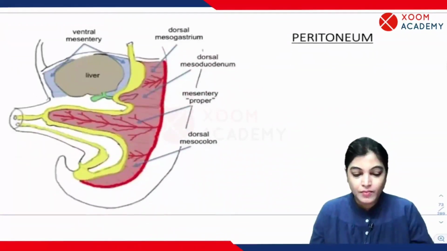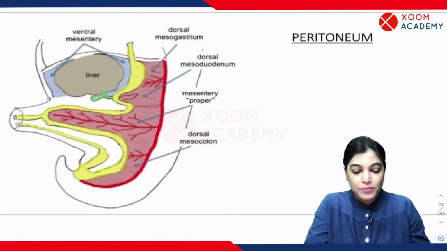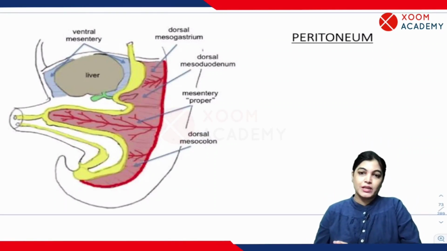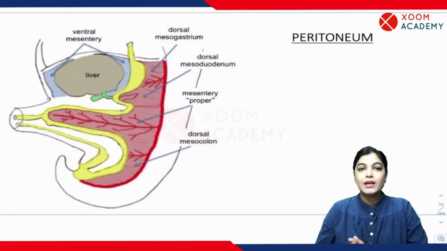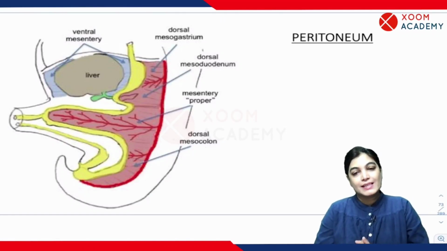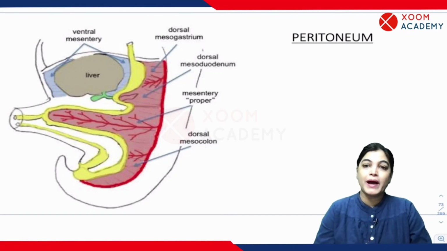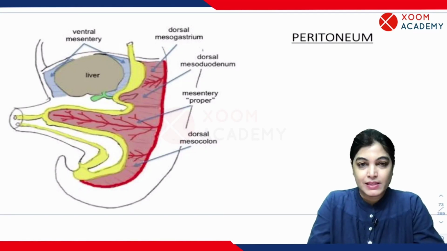Now, other than that, I would also like to show you this diagram. We know that the developing gut is divided into three parts: foregut, midgut and hindgut. The arterial supply of the foregut is by the celiac trunk branches, the midgut loop by the superior mesenteric artery, and the hindgut loop by the inferior mesenteric artery.